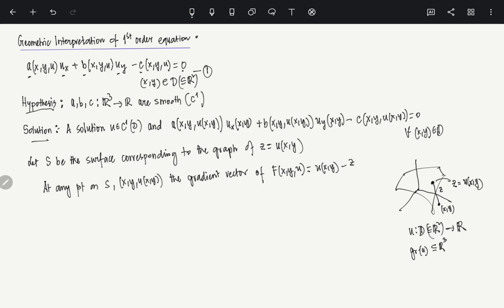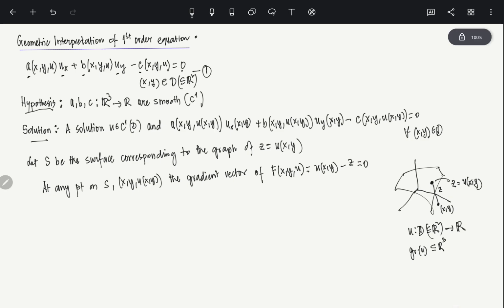Essentially, you have a solution u, and if we want to draw the graph of that function, that will lie in R3.